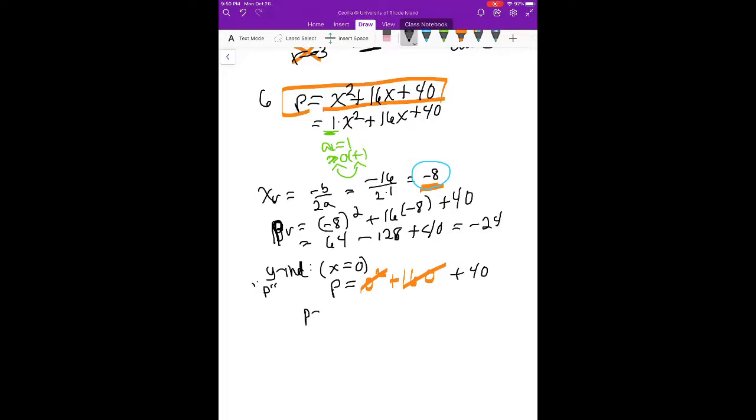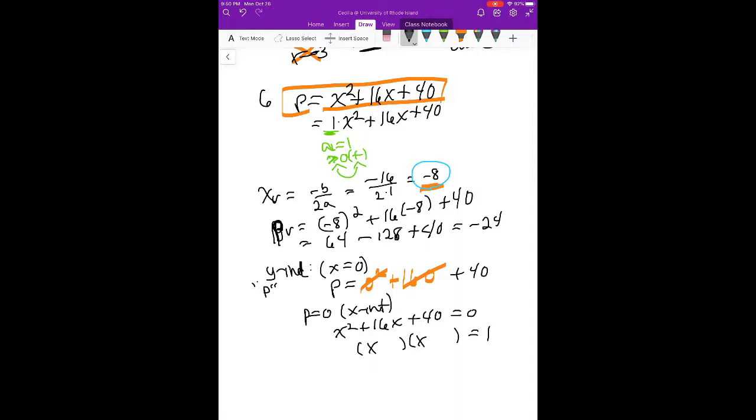And then we can look at what happens when the p is equal to 0. This is finding the x-intercepts, or x-intercept, singular. So going back to our function, we want to know when x squared plus 16x plus 40 is equal to 0. Okay, let's try seeing if we can factor this.